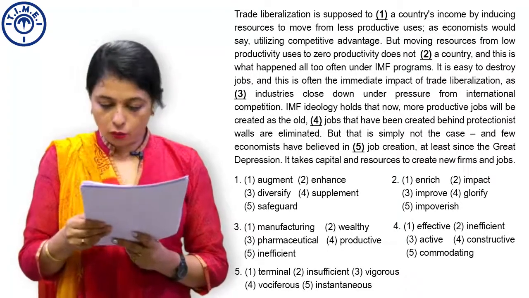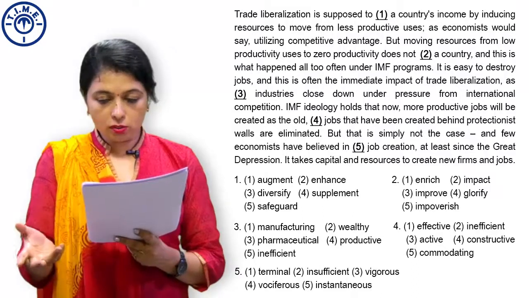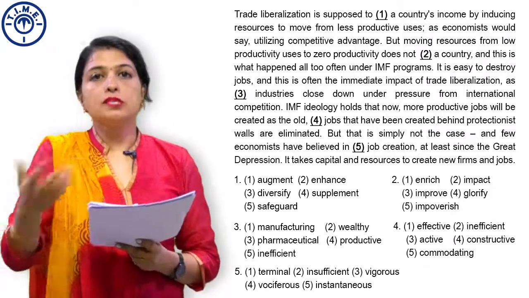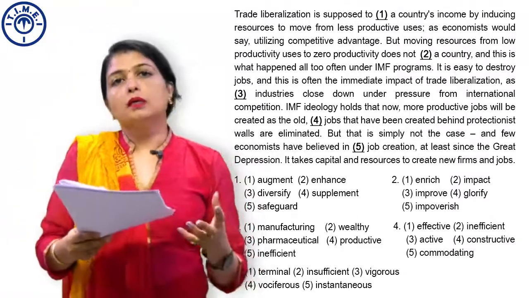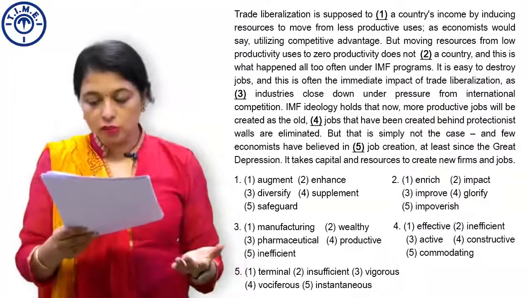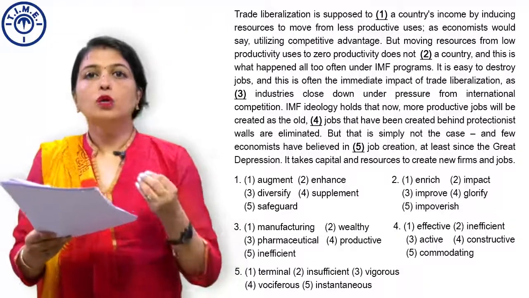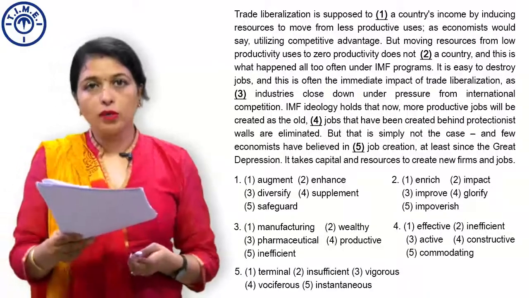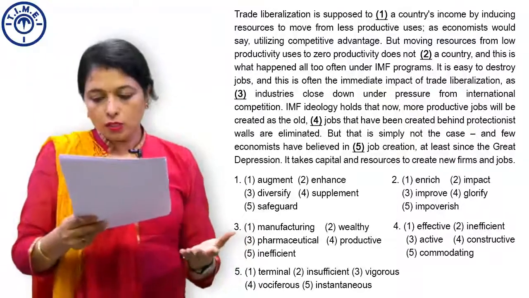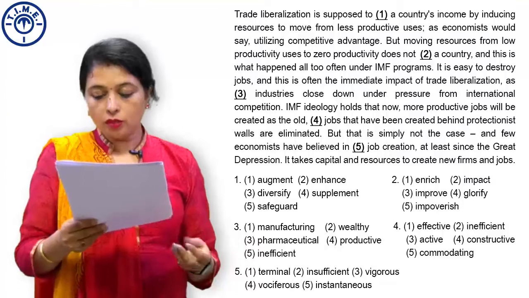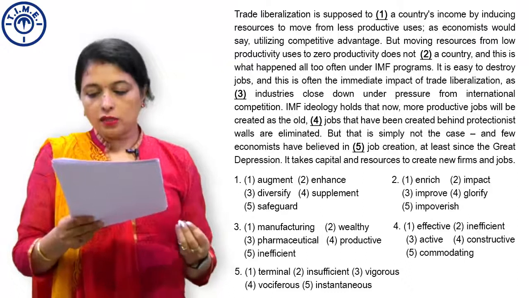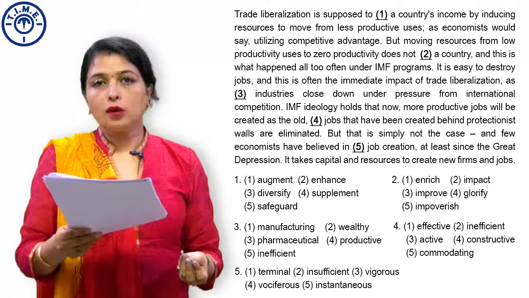These could only be again inefficient, because if they were effective, then they would serve the purpose and they would not get weakened under competition from external factors, or at an international level they would be competitive enough and they would have held their sway rather than weaken and fizzle out. So, effective does not work. Here too the choice is inefficient. Active, constructive and accommodating are all irrelevant.